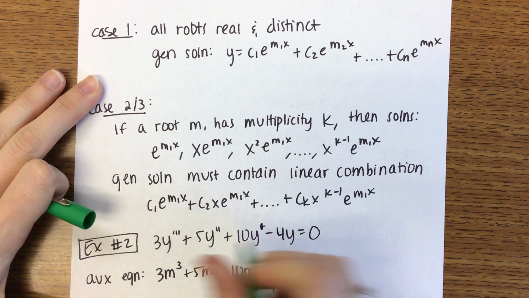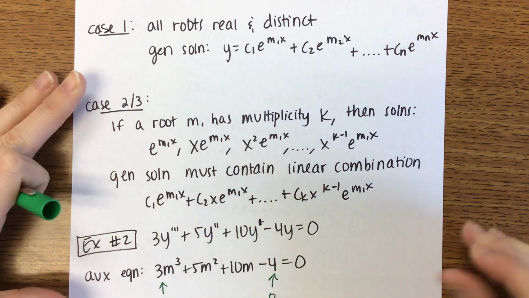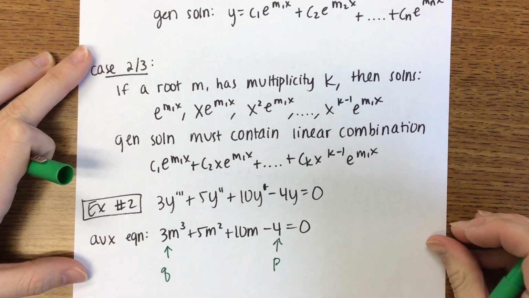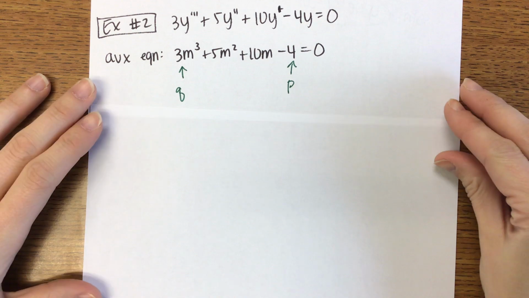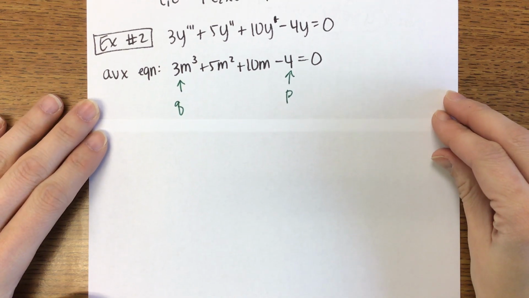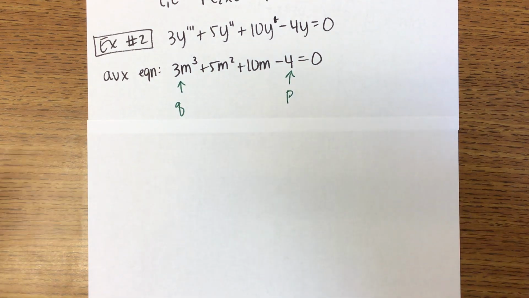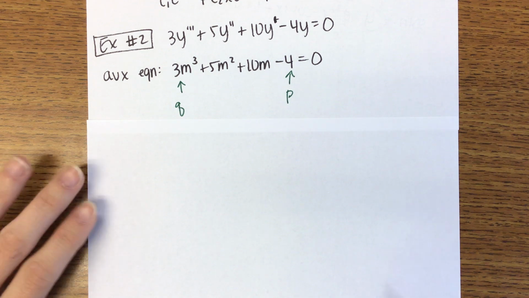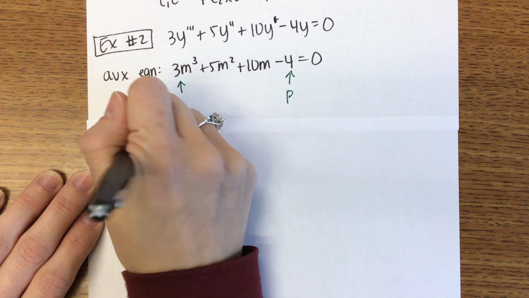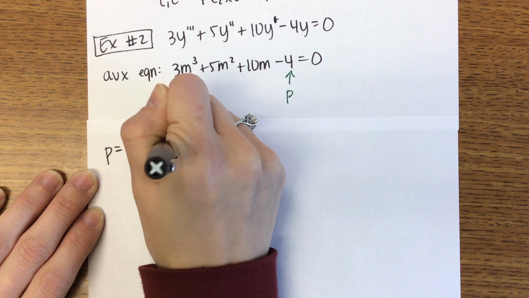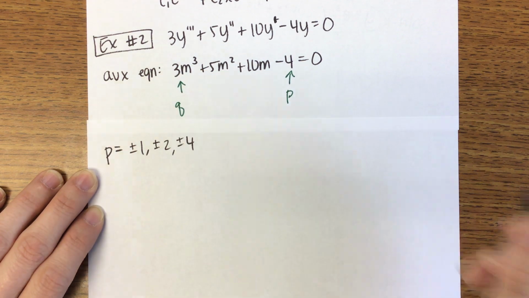Do you remember your P's and Q's? You've seen this. I am fairly confident you guys have seen P's and Q's, particularly because Brian basically said it without those words. You find all the factors of P: plus or minus 1, plus or minus 2, plus or minus 4.